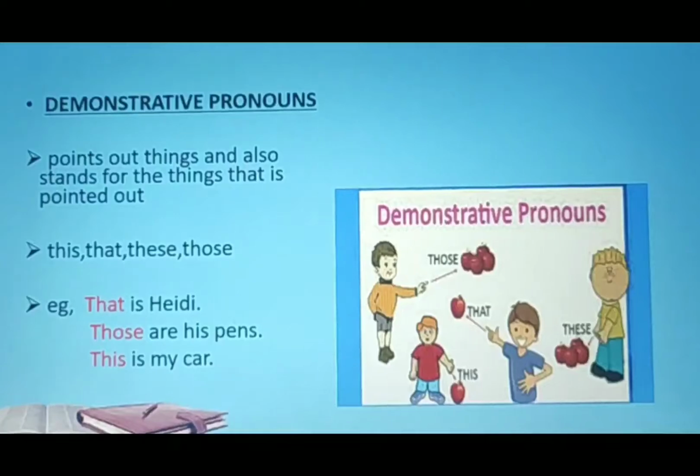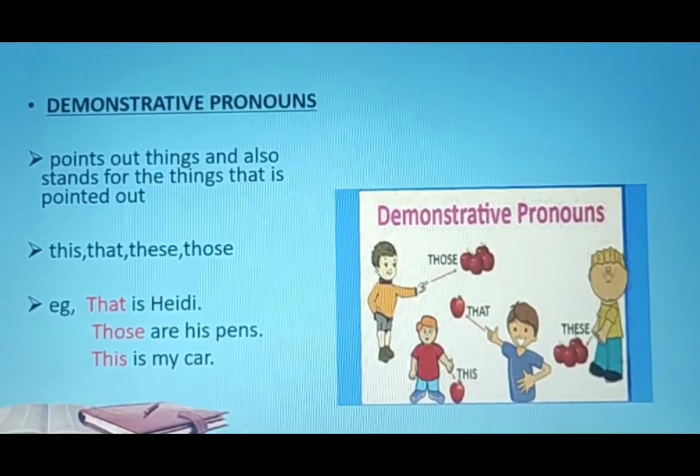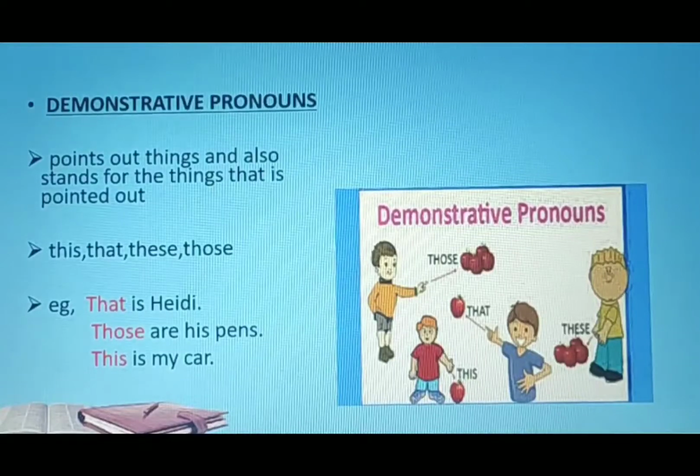So there is an apple in the picture and the person is pointing at the apple and saying that is an apple, or those are his apples. These are apples.